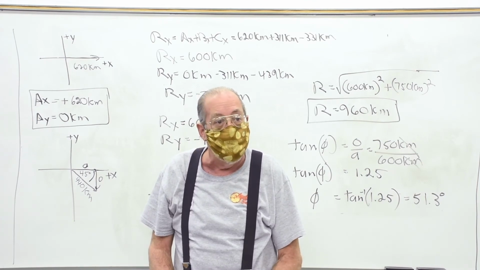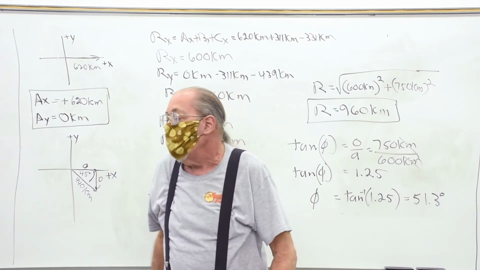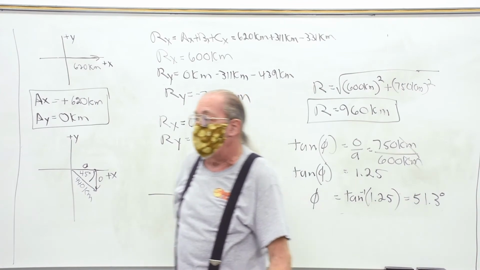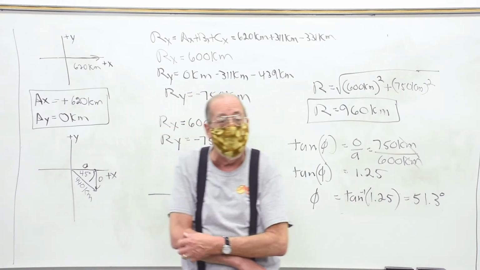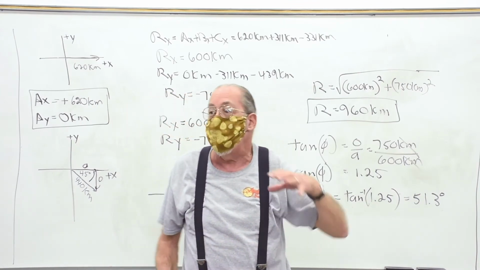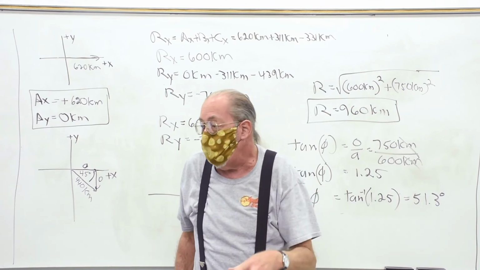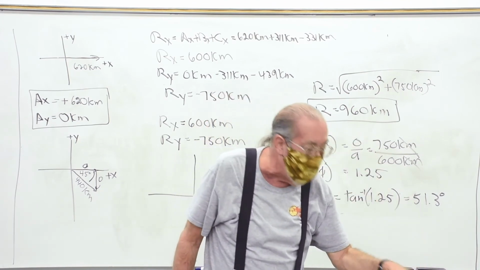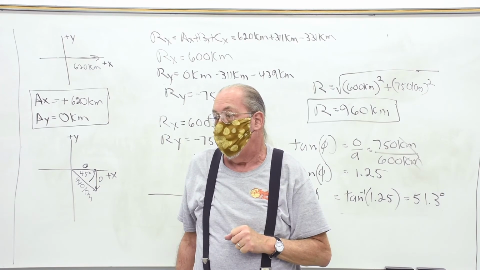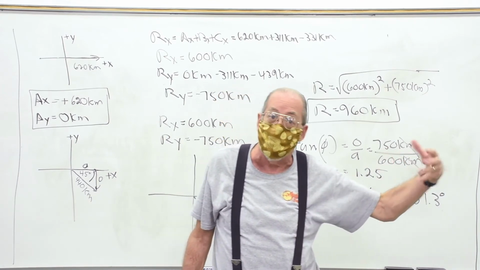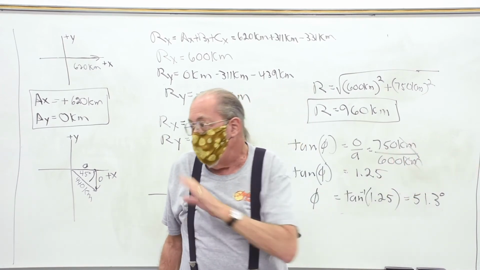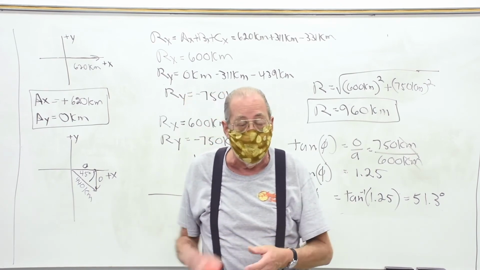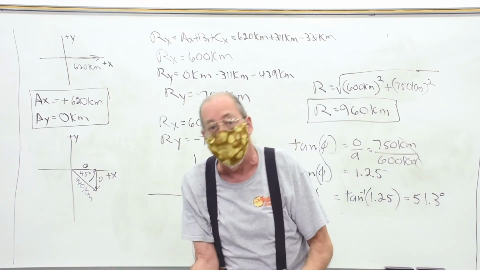This is incredibly important. It means that when you have a multiple dimensional problem to solve, you treat it as 3 or 2 separate one-dimensional problems. You just have 2 or 3 times as much work to do. We're not going to go to 3 dimensions, we'll go to 2. This is a 2-dimensional problem.